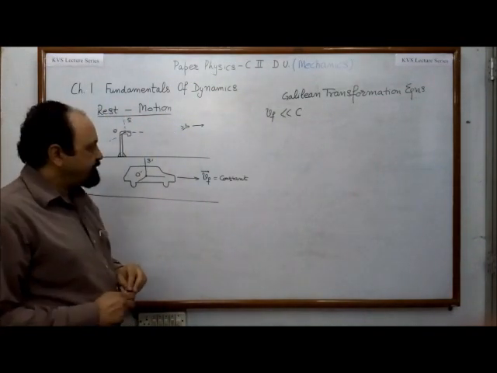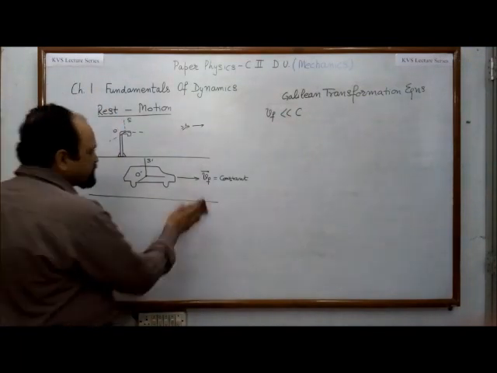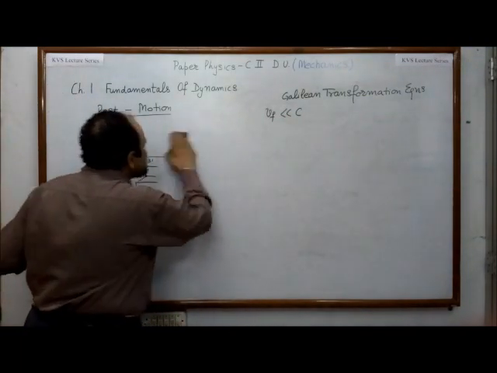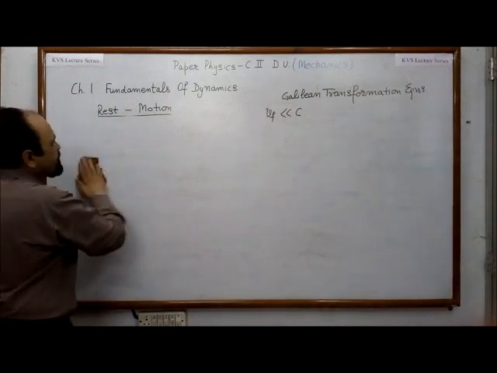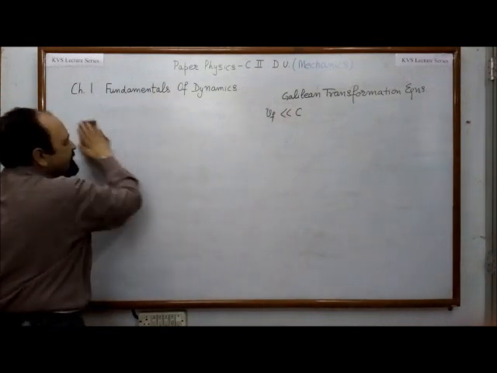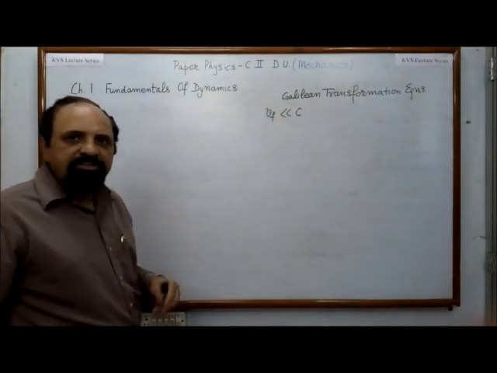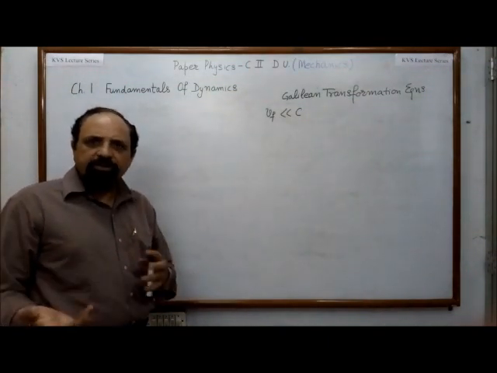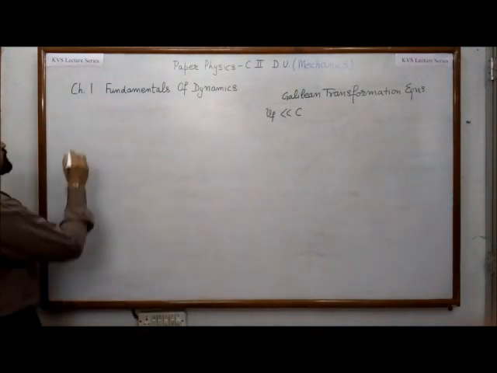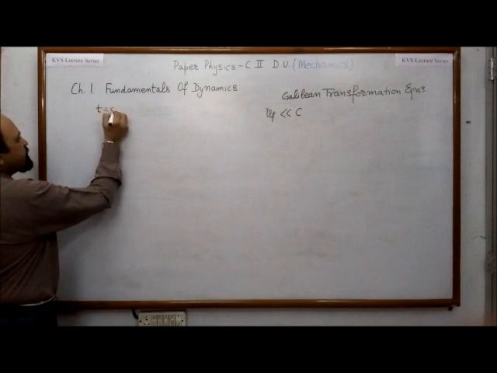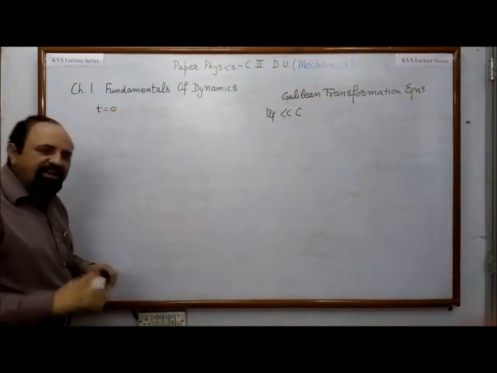How to derive this? For this, we first of all have to take two frames, S and S dash. For convenience, I am keeping the S frame always at rest, and only the S dash frame is moving with the velocity, that is the relative velocity Vf vector. Suppose that at time t equals 0, that is the initial time, both these frames are coinciding with each other.